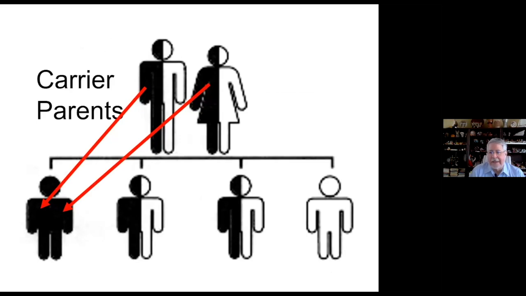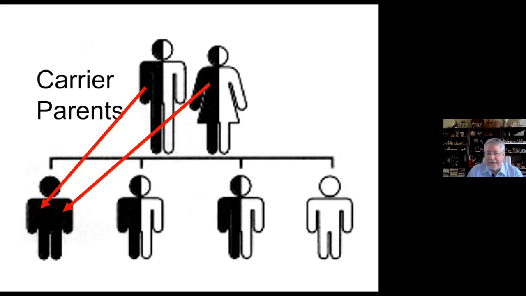So we're going to illustrate how that's inherited. If we have two carrier parents, both of whom do not have albinism, they can have children based on four different outcomes. Remember, they have pairs of chromosomes. They give one of those chromosome pairs to their offspring.